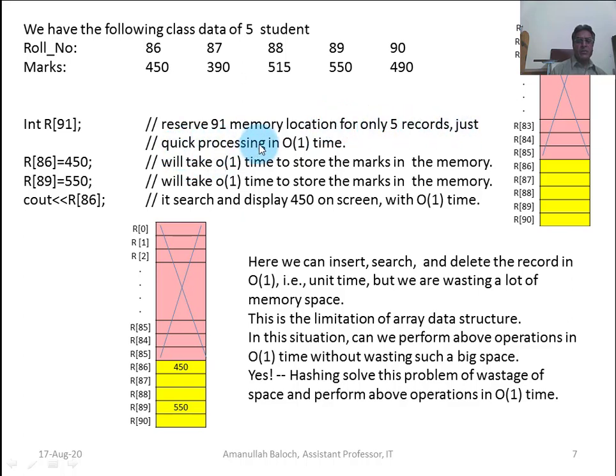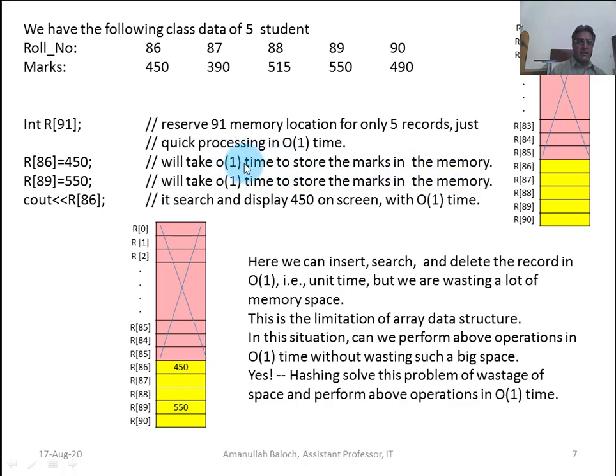Just for quick processing in O of 1 time, because we want to process the data quickly in O of 1 time. So for 5 records, the array methodology forced us to reserve 91 memory locations, and when we assign the value 450 at index number 86 of the R array, it will take O of 1 time to store the marks in memory.